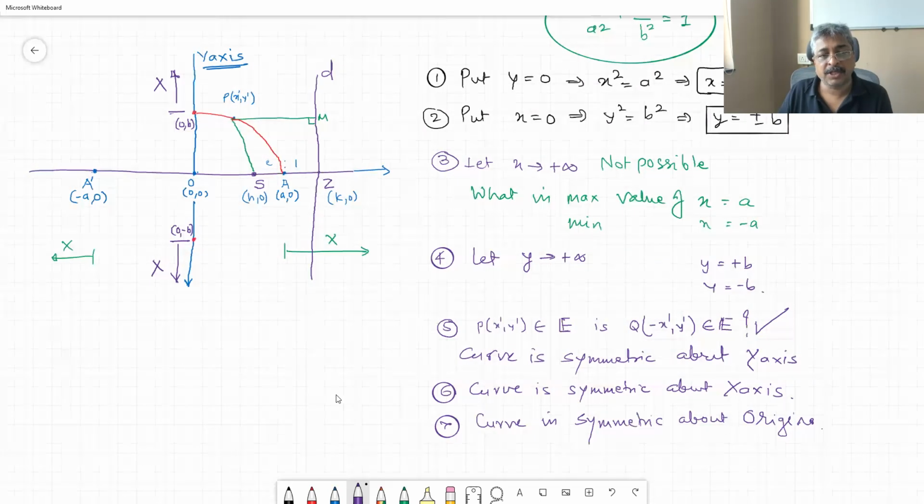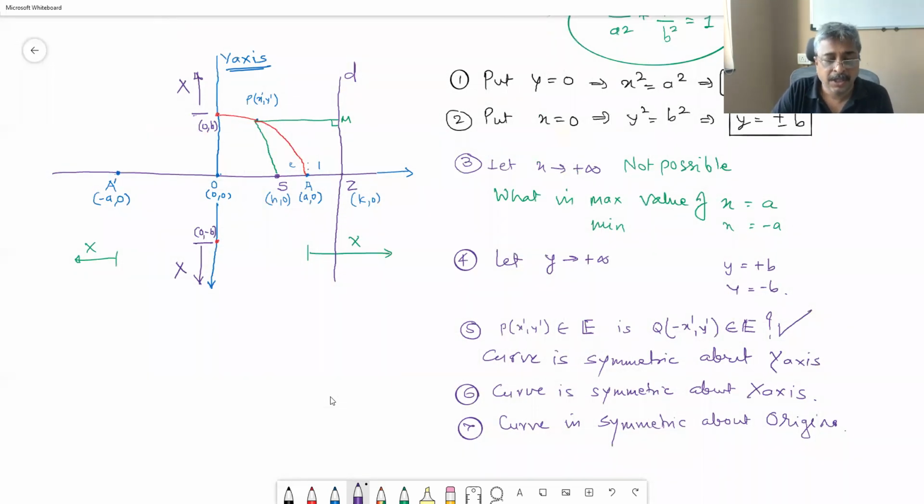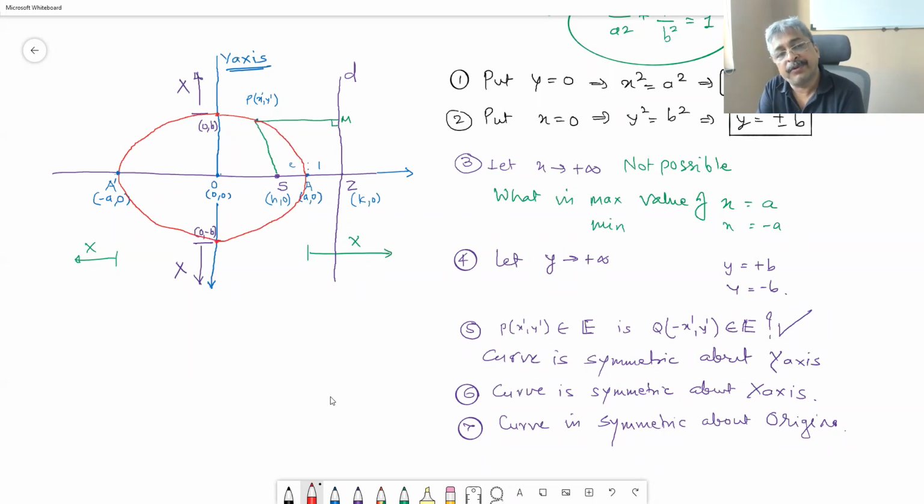It is symmetric about the x-axis, symmetric about the y-axis, symmetric about the origin, and therefore now we can really complete the curve and it is going to look like this. Symmetric with the x-axis. And the whole curve is symmetric with respect to the y-axis. It is difficult to draw, but smooth everywhere.